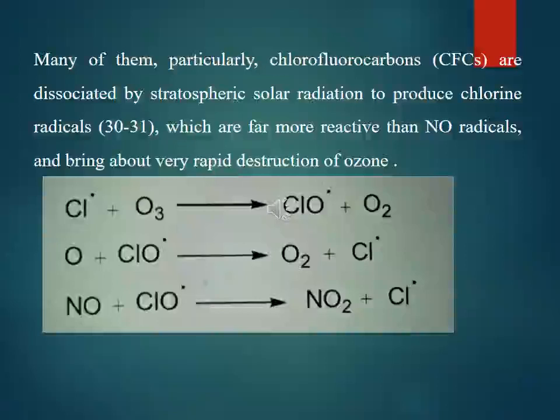Chlorine radical reacts with ozone to form perchlorate radical and an oxygen molecule. This perchlorate radical reacts with atomic oxygen to form ozone and chlorine radical again. At the same time, perchlorate radical may react with NO to form NO2 and chlorine radical again.